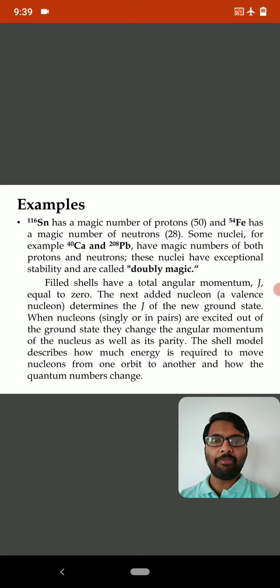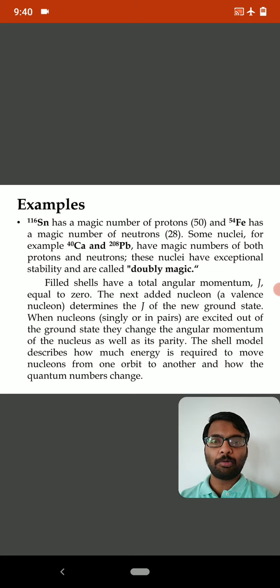Similarly, in the case of iron-54, that is Fe-54, it has a magic number of neutrons, that is 28. It has 26 protons and 28 neutrons. So iron-54 is also a magic nucleus. It is stable because the neutron number is equal to 28, which is a magic number.